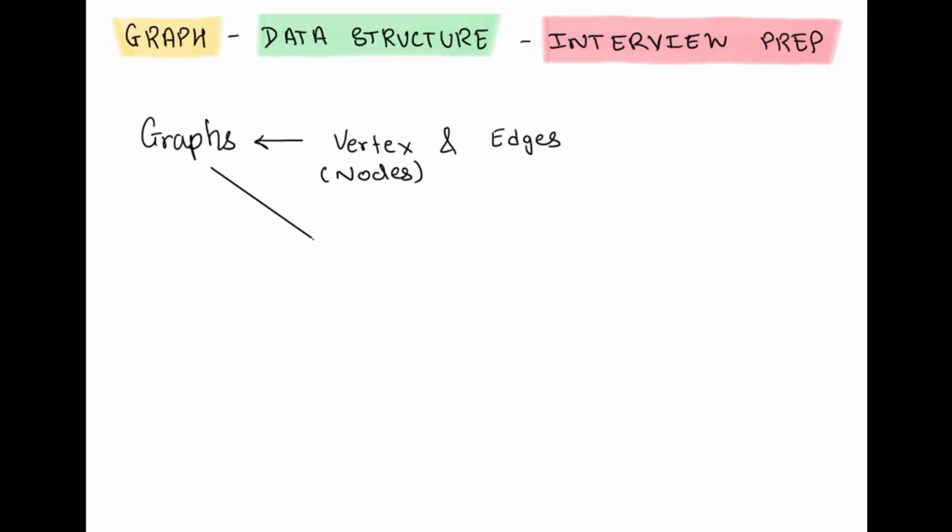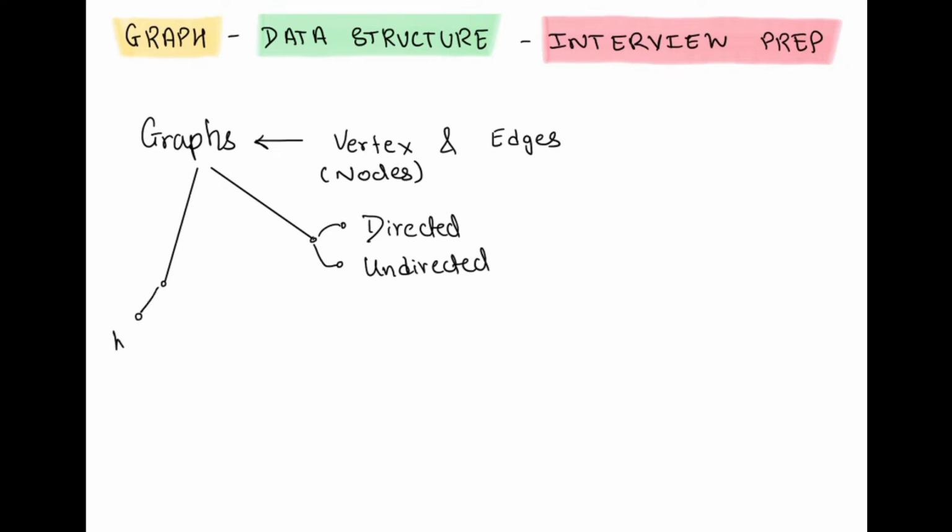And then we basically divided graphs into two categories, namely directed graphs and undirected graphs. And there is a separate division for graphs as well.